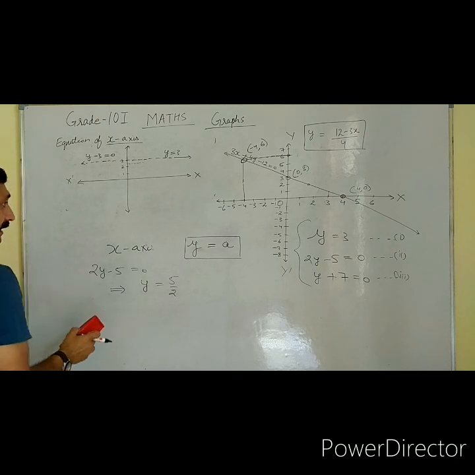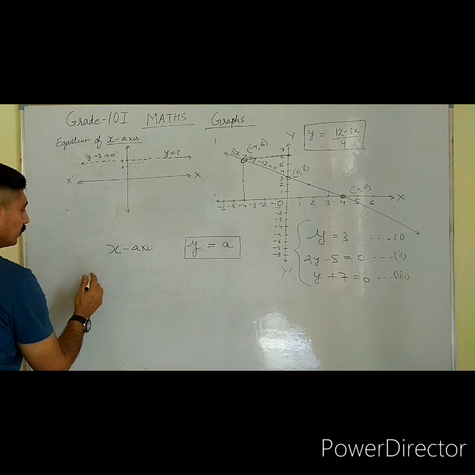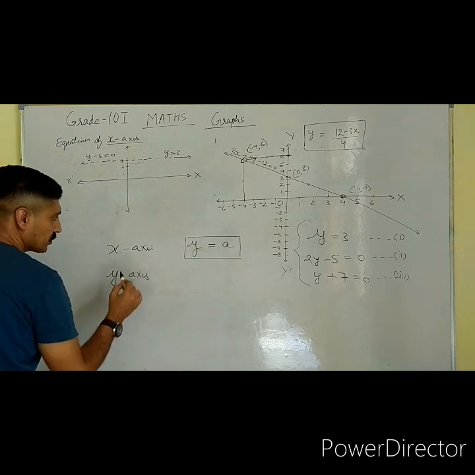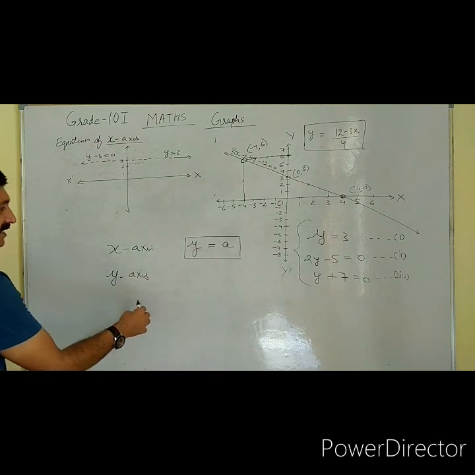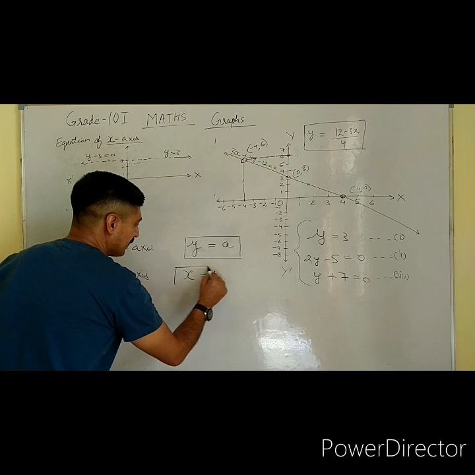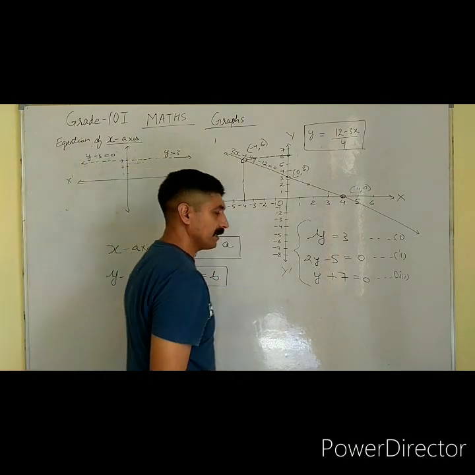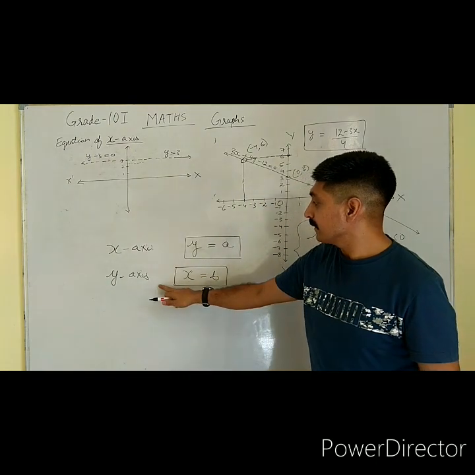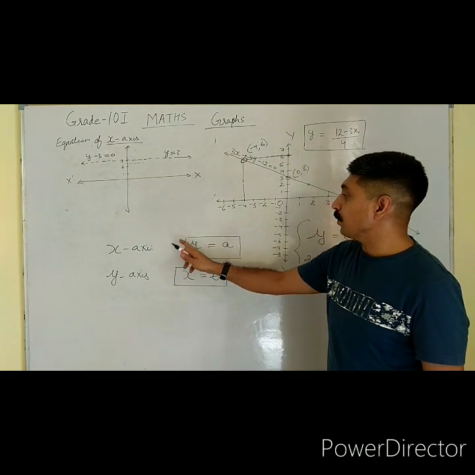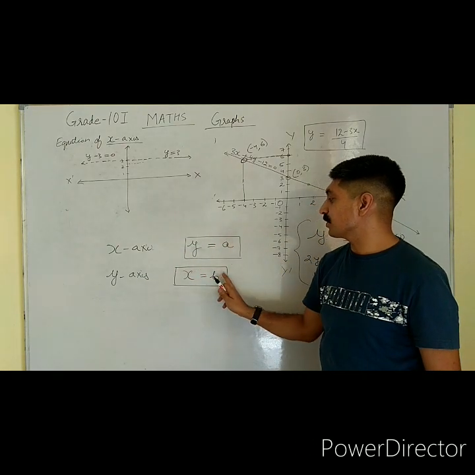Now, the equation of a line parallel to the y-axis is x is equal to b. B can be any constant. So remember, the line parallel to the x-axis is y is equal to a, and parallel to the y-axis is x is equal to b.